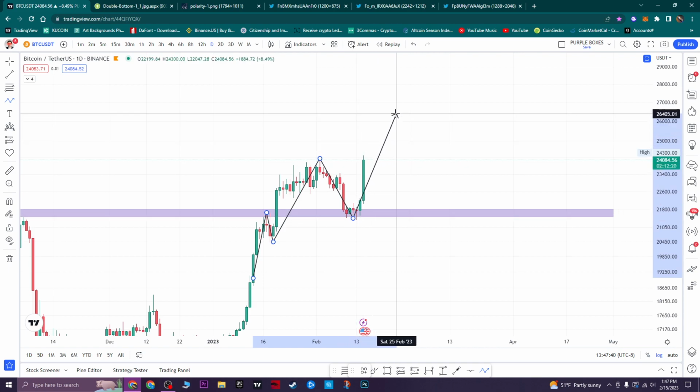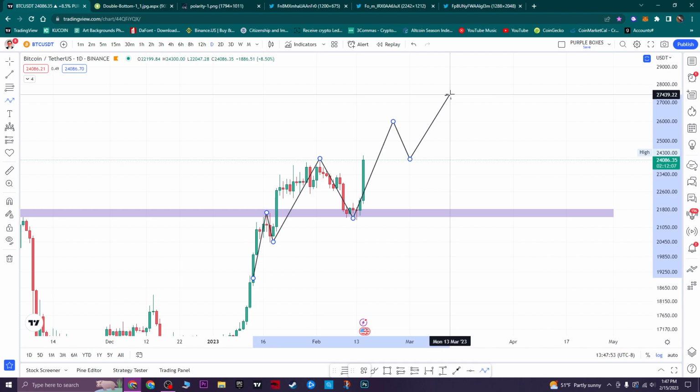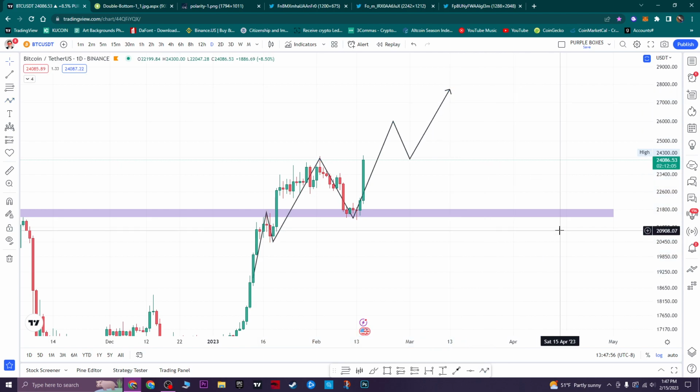Now we should be looking at something like this, maybe to $26,000 because it's a round number, and come back down to retest this high and on to the next.